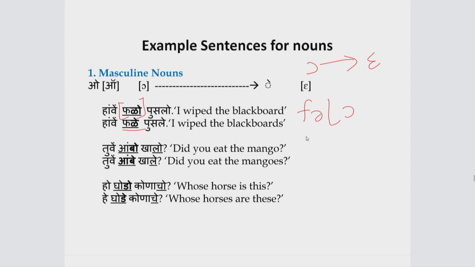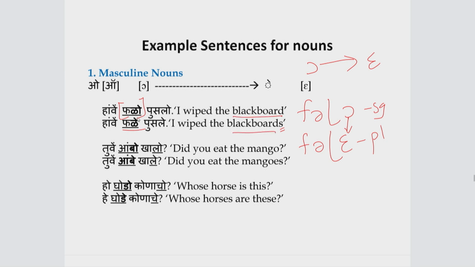This O will become A in the plural form. Have folo puslo means I wiped the blackboard. Have fole pusle means I wiped the blackboards. This is singular, this is plural.